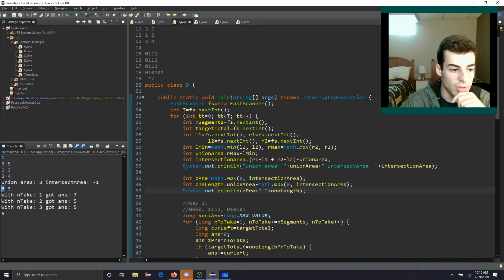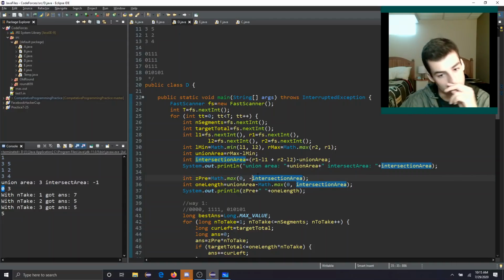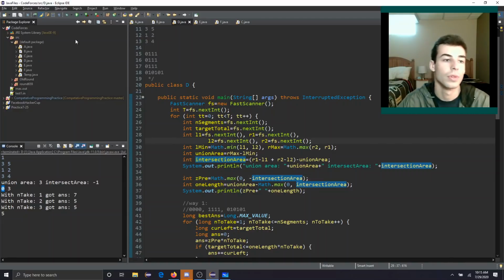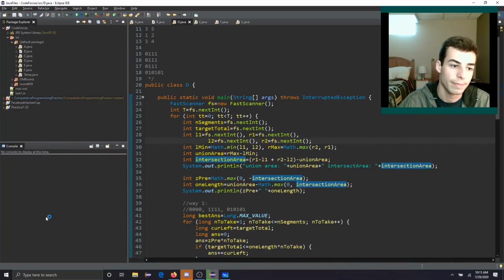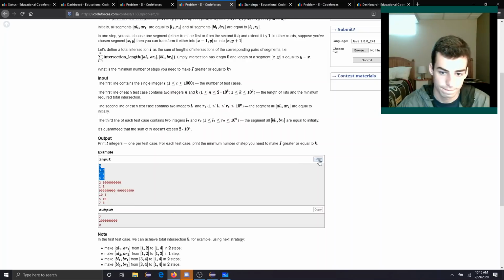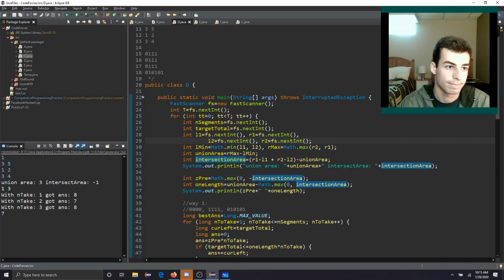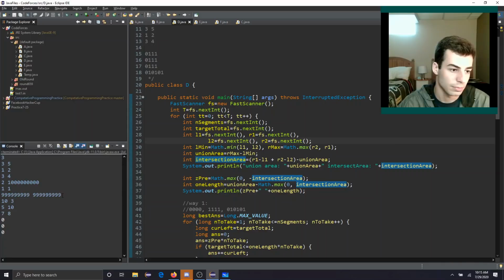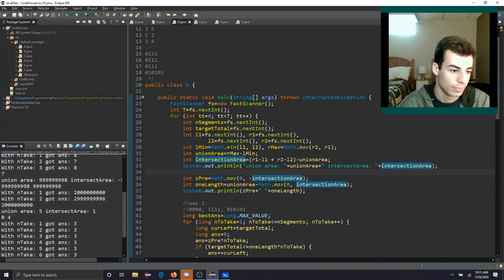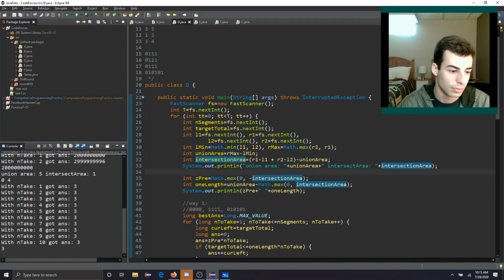Z prefix is not 0. Z prefix is the min of 0 in the intersection area. Negative intersection area. What? Last one.